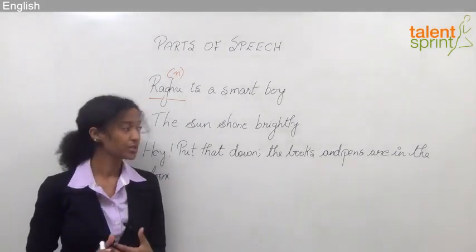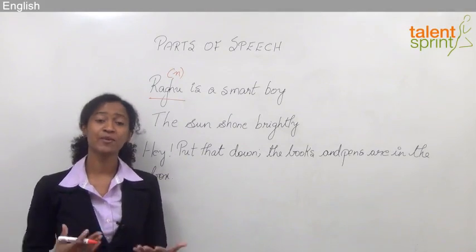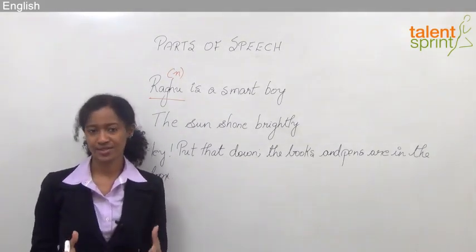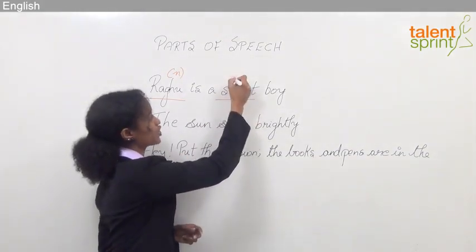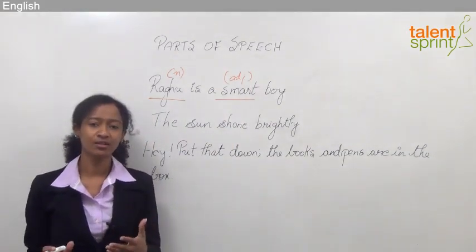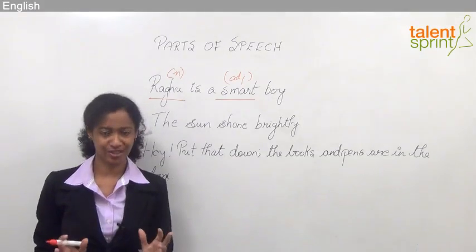It's a common noun. But there is some word in that sentence which is giving me additional information about Raghu, the noun. What sort of a boy is he? Which is smart. So smart is my adjective. A word that modifies the noun and makes the meaning more definite is my adjective. It's like a partner to the noun.